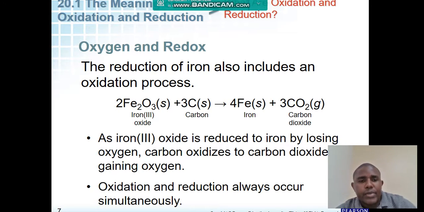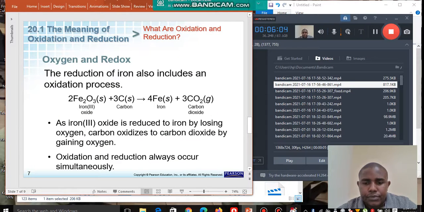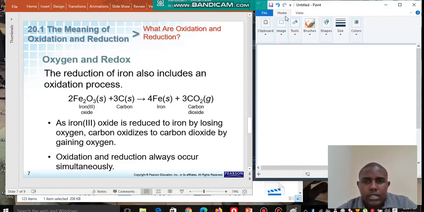So what really happens? We see that the iron oxide has changed into iron, Fe.